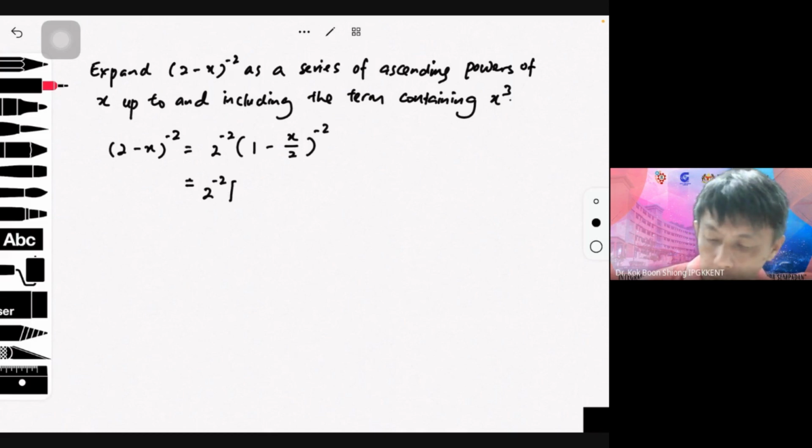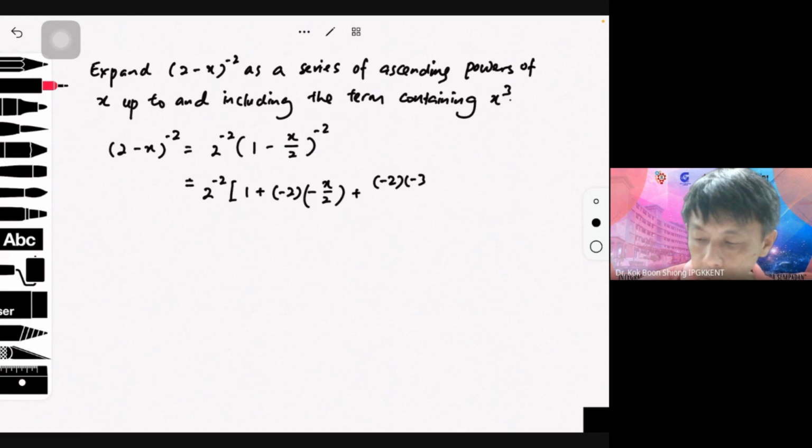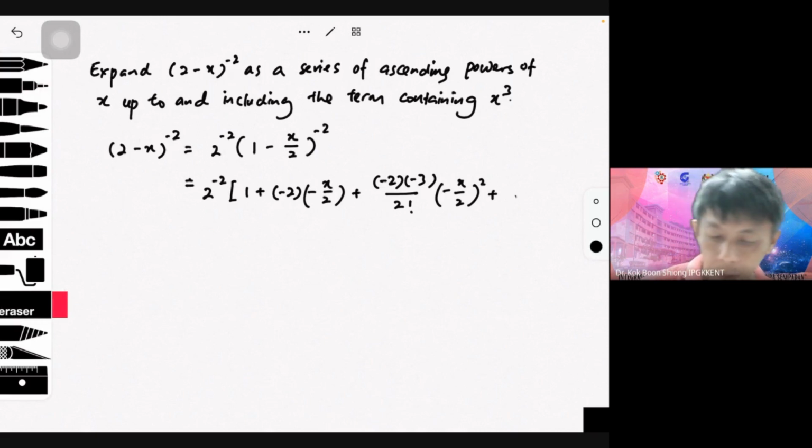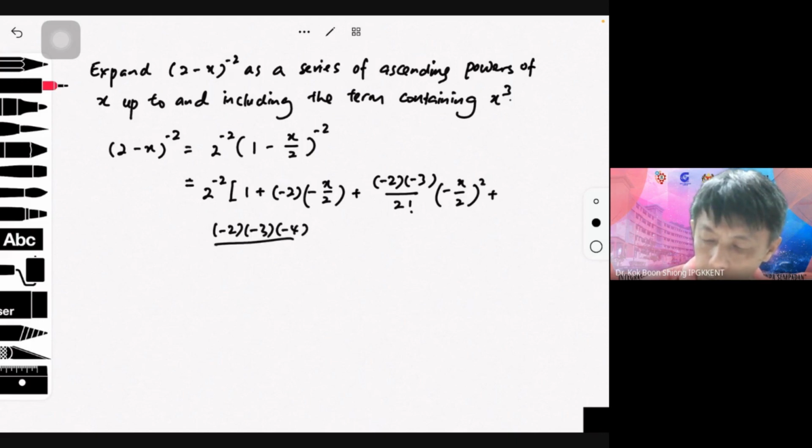Here we can apply the formula: 1 plus negative 2 times negative x over 2, plus negative 2 times negative 3 over 2 factorial times negative x over 2 squared, plus negative 2 times negative 3 times negative 4 over 3 factorial times negative x over 2 cubed.